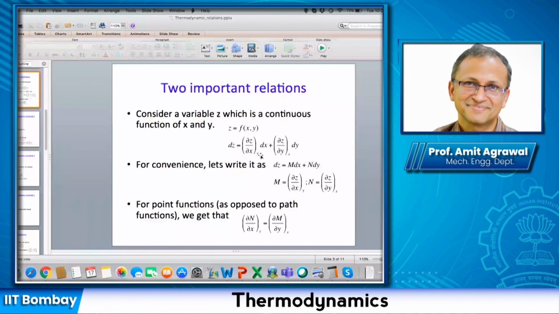So then I can know how this internal energy is changing with respect to temperature or with respect to pressure. That's my isobar, along my isobar how things are changing, or along my isotherm how things are changing. And of course, this is coming from basic calculus, that this relationship should be satisfied.